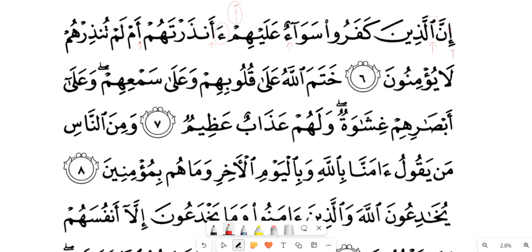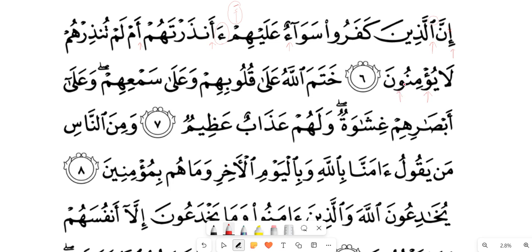This hamza is pronounced. Andartahum amlam. Then there is a hamza on the waw seat, as you can see here. Yu'minun: you are pausing on the sound of hamza. How do you know this is not the seat of hamza? No hamza written on it, no haraka on it. This is the long vowel.